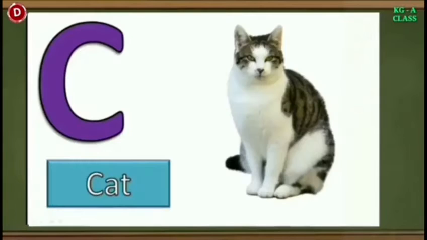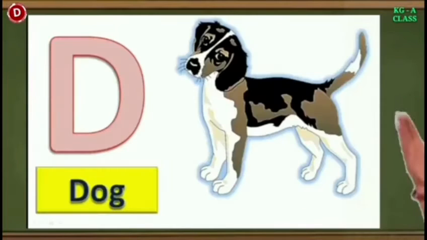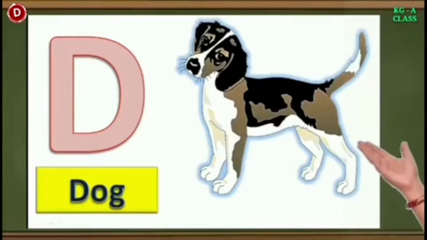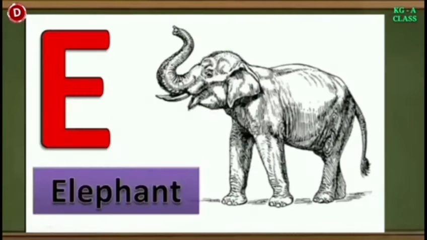Now comes C. C for cat. Meow. The next letter is D. Look here, children. This is capital D and D for dog. Now comes E, children.